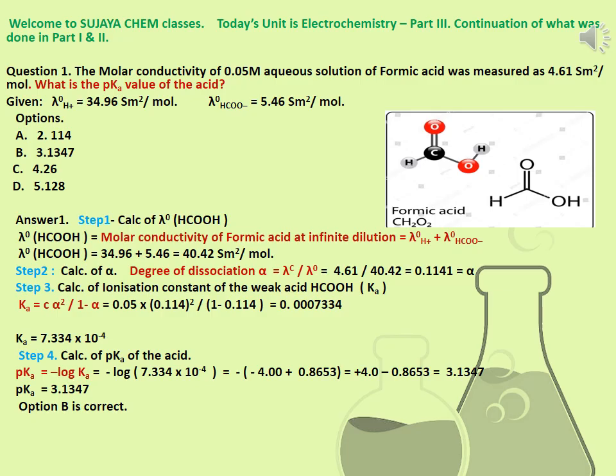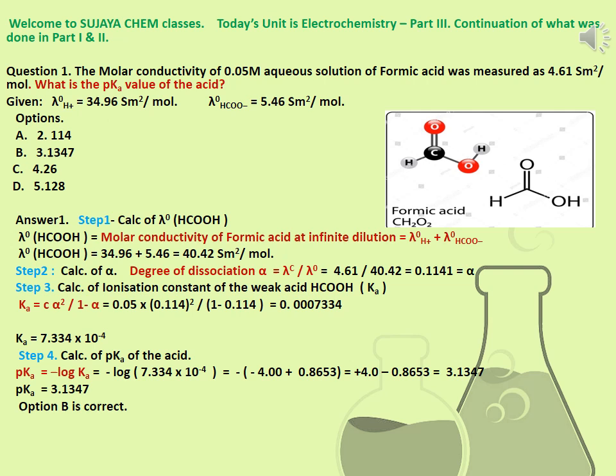The last step is calculation of pKa value of the acid. pKa is equal to minus log Ka. So substituting the Ka value, minus of log of 7.334 into 10 power minus 4. Taking the minus sign outside and taking the log, we get minus 4.0000 plus log of 73, in the third column, mean difference 4, is 0.8653.